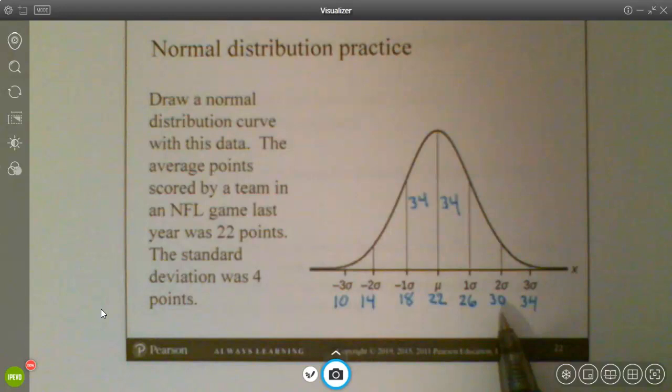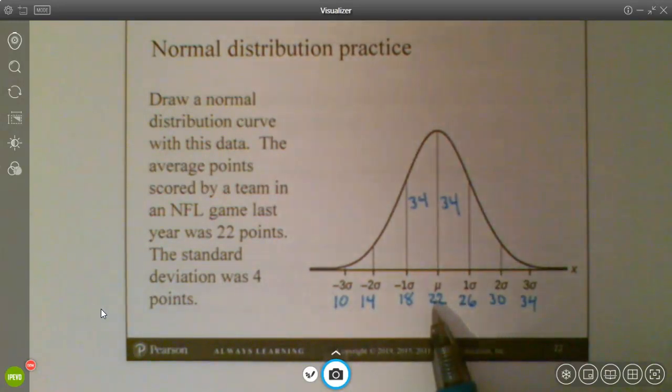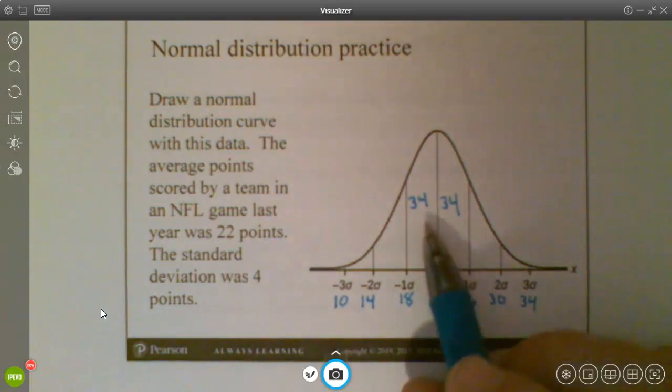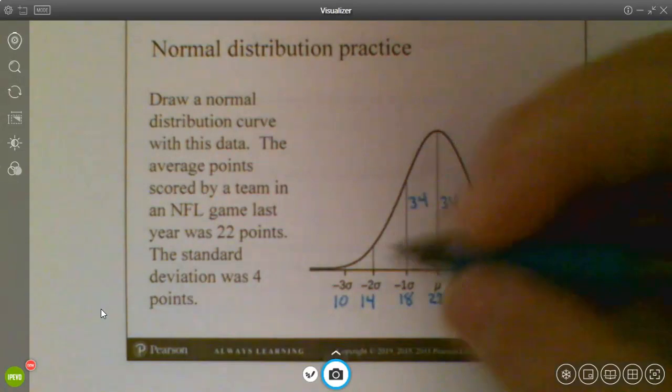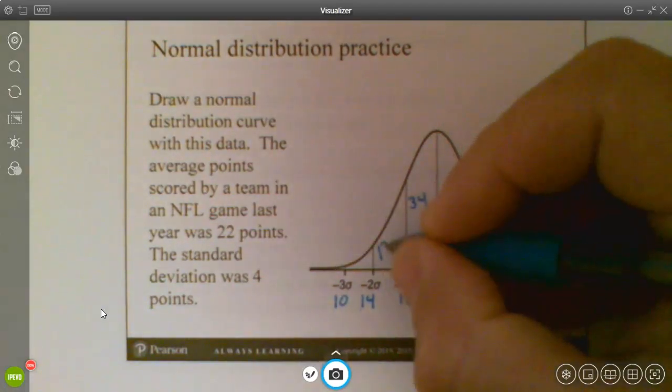In other words, 95% of the teams scored between 14 and 30 points, according to this information. If we separated that out, from here to here would be half of that 95, which is 47.5. Well, if that's 34, that leaves this as 13.5%.